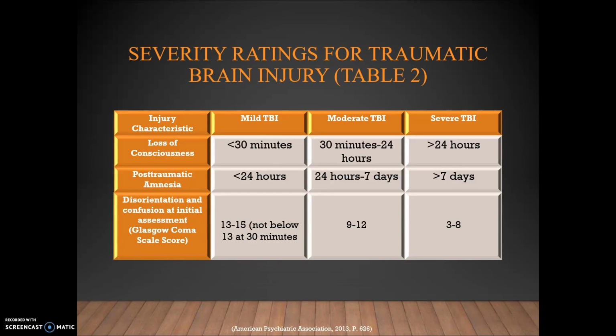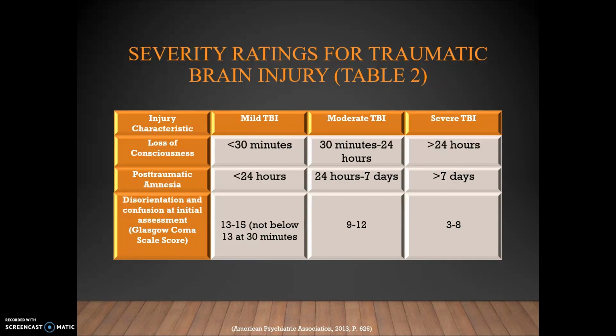So the severity ratings for traumatic brain injury. We're going to start with just the mild TBI. Loss of consciousness is under 30 minutes. Post-traumatic amnesia is under 24 hours. Disorientation and confusion at the initial assessment based on this Glasgow Coma Scale is between 13 and 15 and not below 13 at 30 minutes.